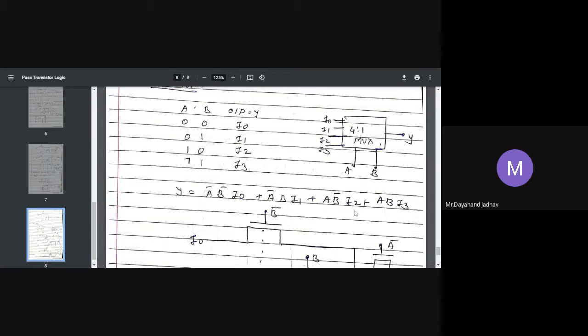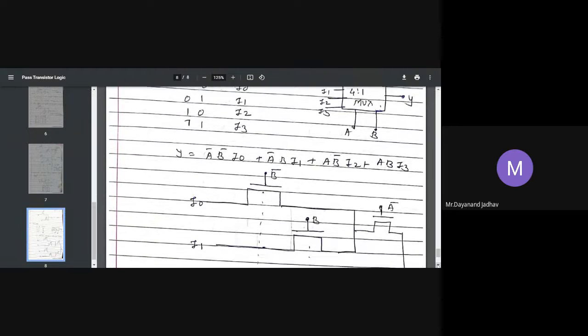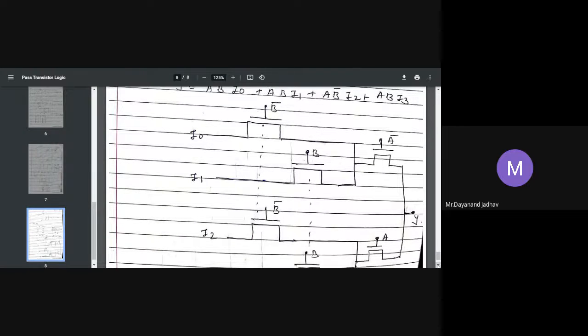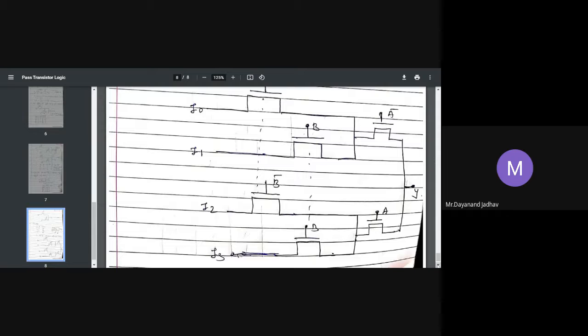This is actually an OR operation: A bar B bar is there, then I0 is in the output; A bar B is there, then I1 is the output; A B bar is there, then I2 is the output; AB is there, I3 is in the output. Just like that, we can implement the logic expression for the 4 to 1 mux. Then how to consider the design for the multiplexer using pass transistor logic.